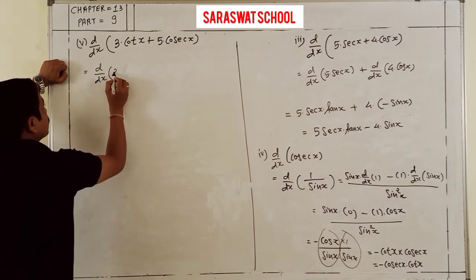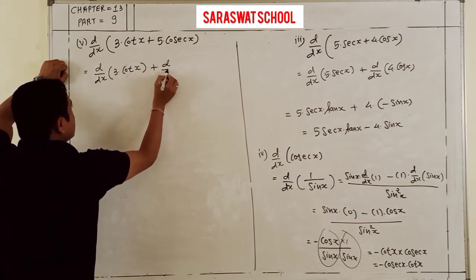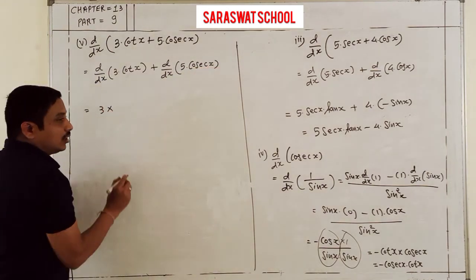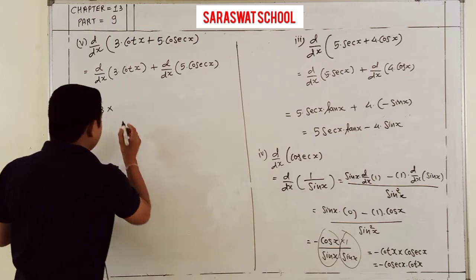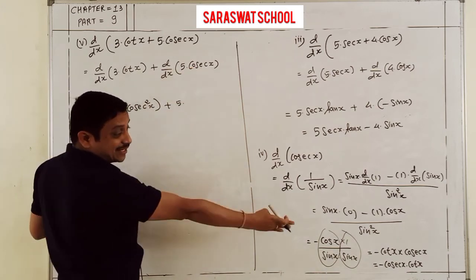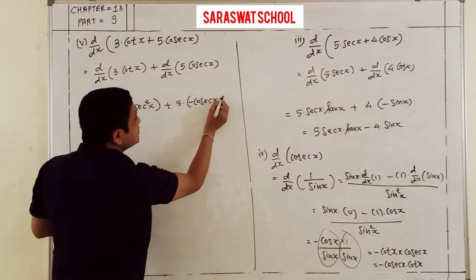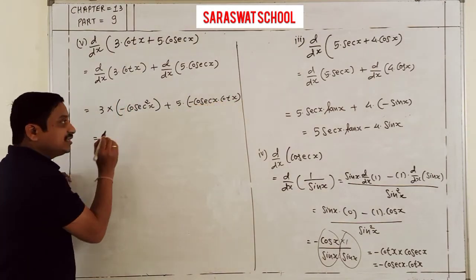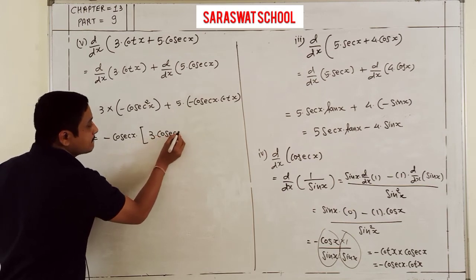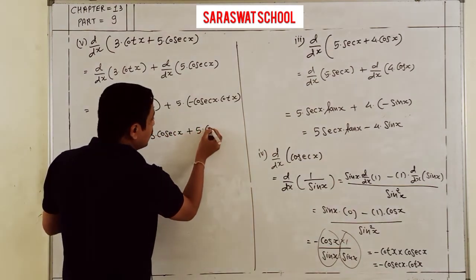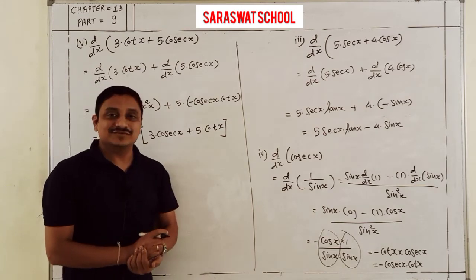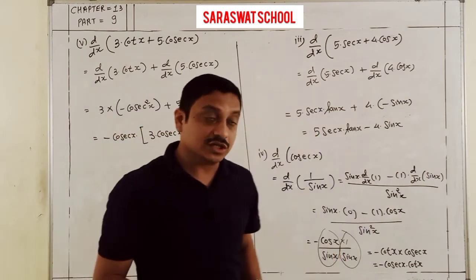The derivative of cot x is minus cosec square x, and the derivative of cosec x is minus cosec x cot x, as I explained previously. Taking minus cosec x common, the remaining is 3 cosec x plus 5 cot x. Done.